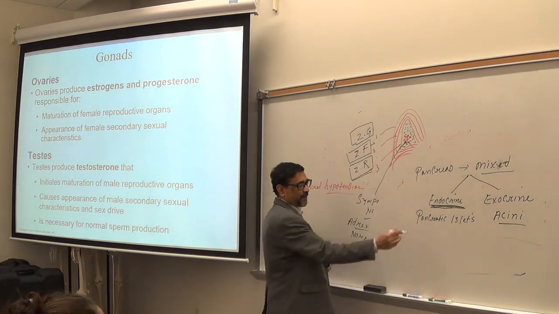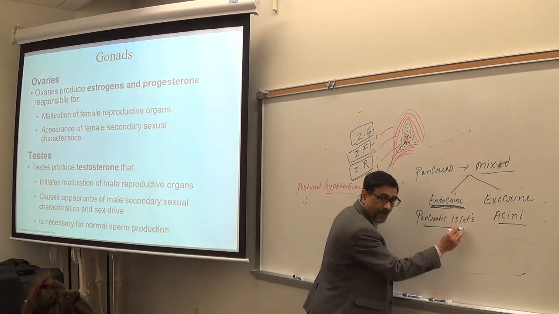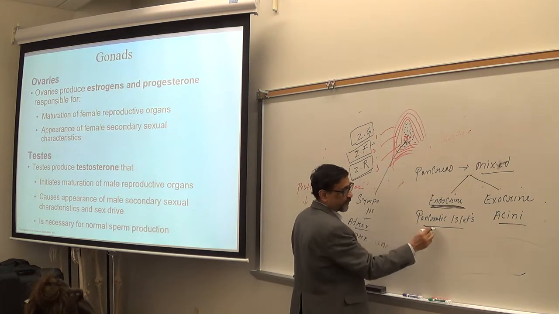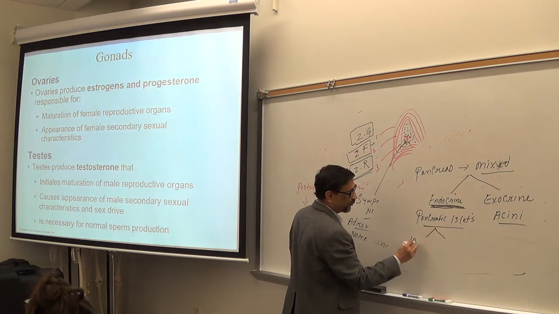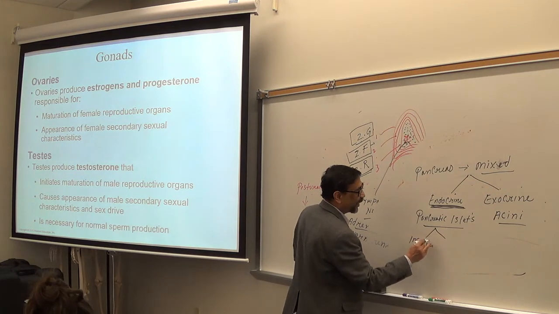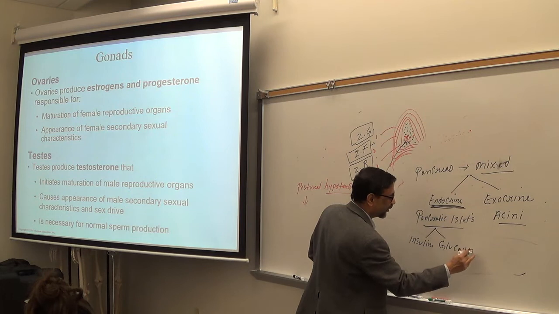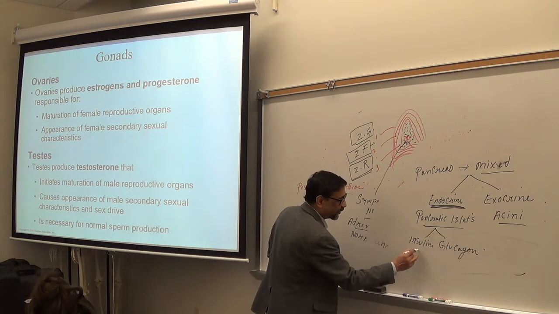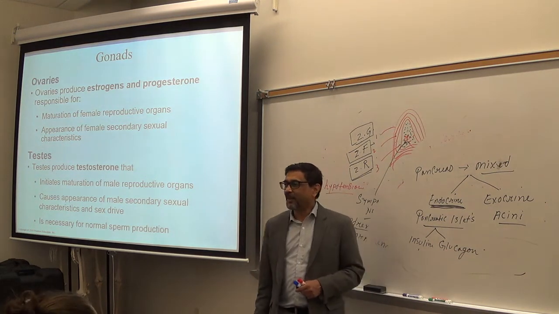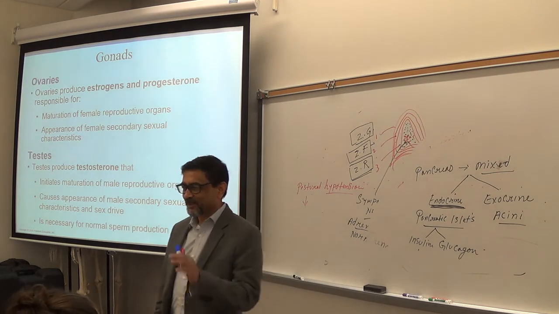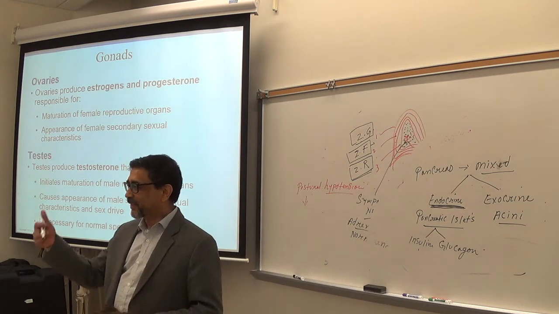The pancreatic islet or endocrine part of the pancreas produces two hormones, insulin and glucagon. Okay? Insulin does what? Does insulin increase or decrease blood sugar?